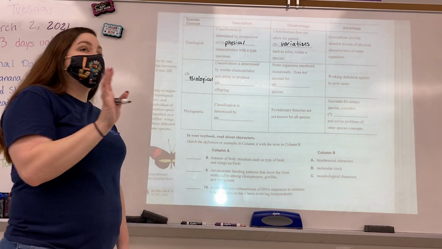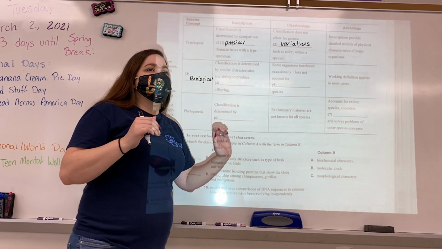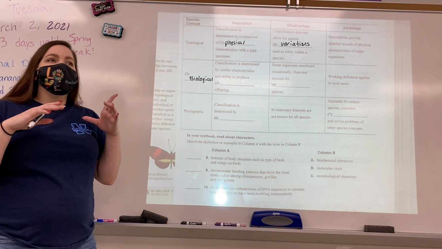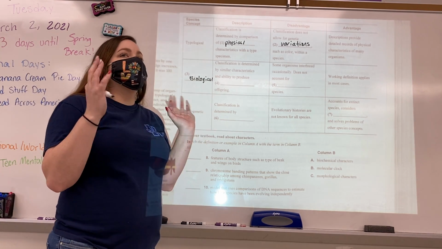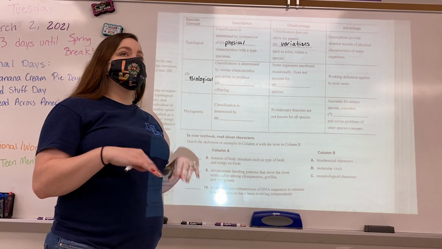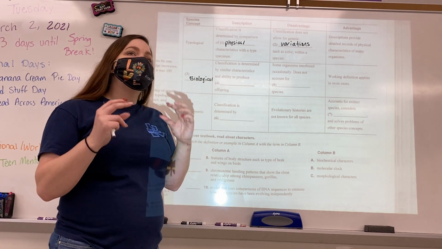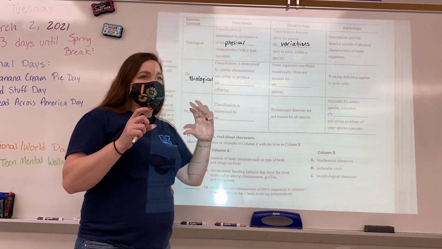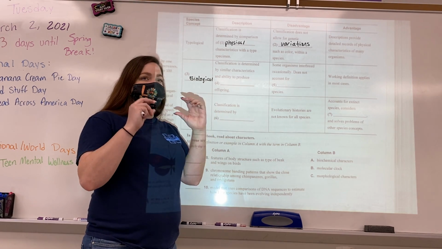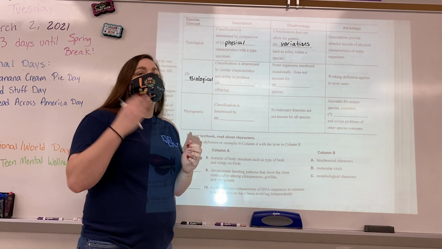So the con of this one is that it does not take into account the different variations of species. Let's think about dogs. We have a lot of different breeds that are very different from one another, but they're still the same species. This classification would strictly look at the species of domesticated dog, not all your different breeds.